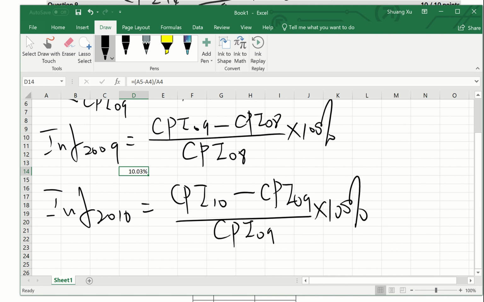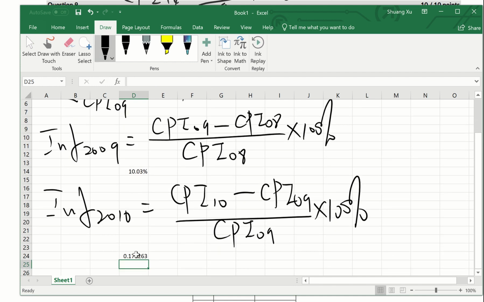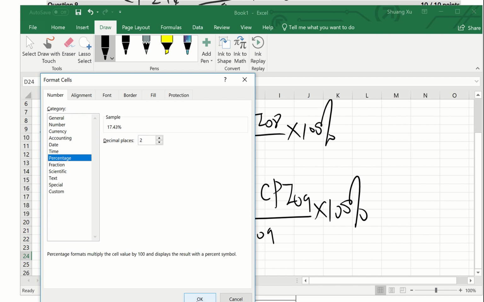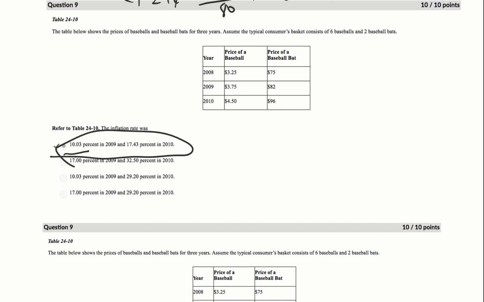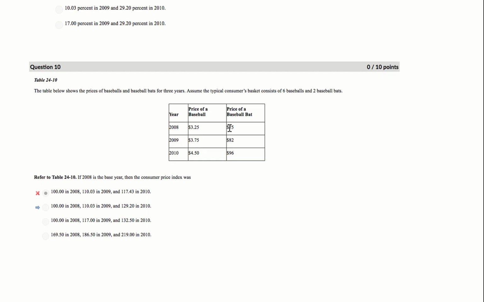So this equals 100, the CPI for 2010, minus 85.15, divided by 85.15. Then show me the percentage. This is 17.43%. Okay, which is right too. All right, the answer is A. All right, so next question. Oh, same question, just repeated twice.